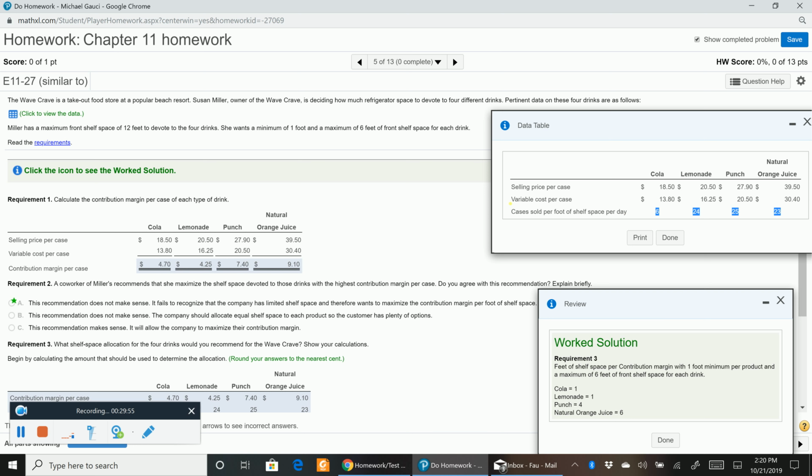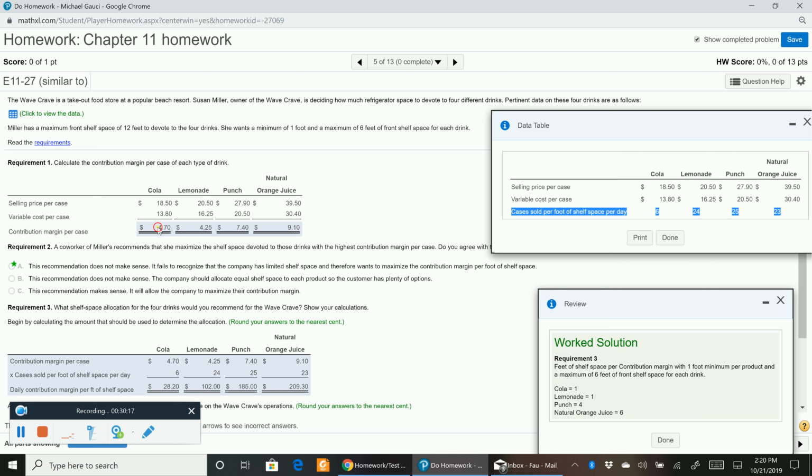If we take a look over here in the upper right, the cases sold per foot of shelf space per day. So now we're getting down to where we need to be. We are figuring out the contribution margin per foot of shelf space. That's the constraint, the shelf space. So, cola: contribution margin of $4.70 per case times the number of cases sold that was given to us in our original problem, 4.70 times 6 is $28.20.